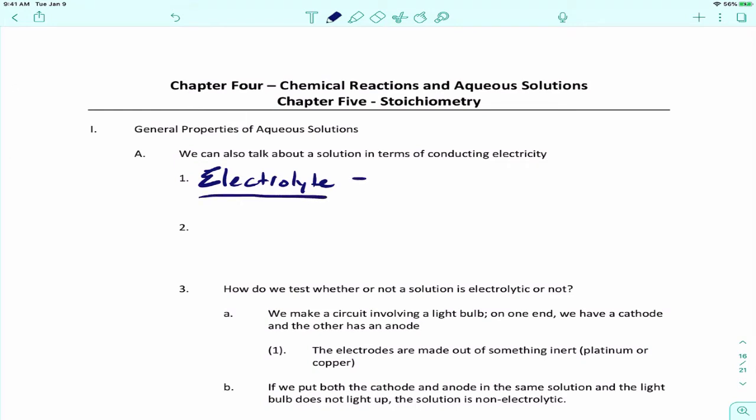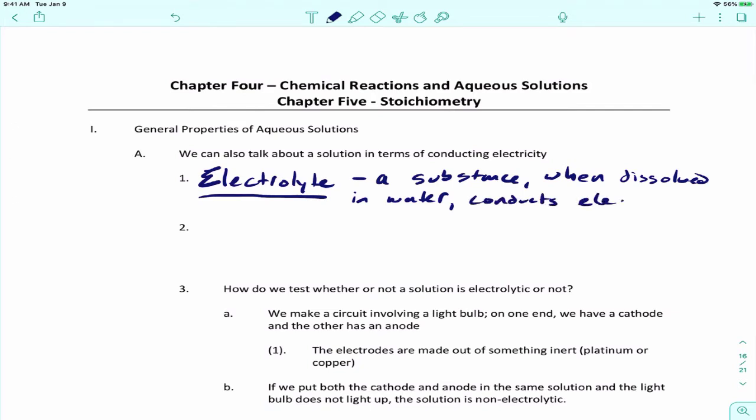So an electrolyte is a substance that, when dissolved in water, conducts electricity. A non-electrolyte is a substance that will not conduct electricity.